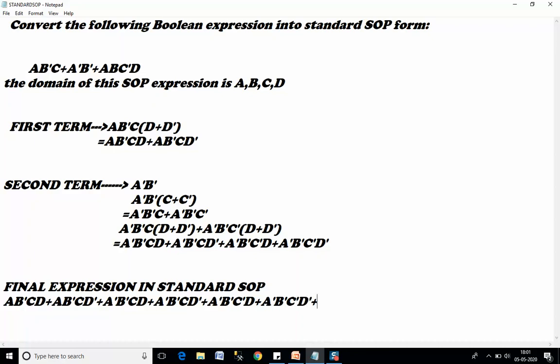And my third term will be written as it is, A B C complement and D.